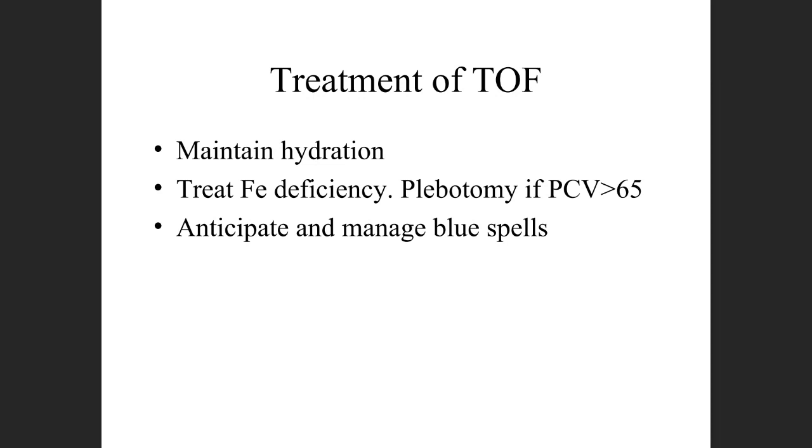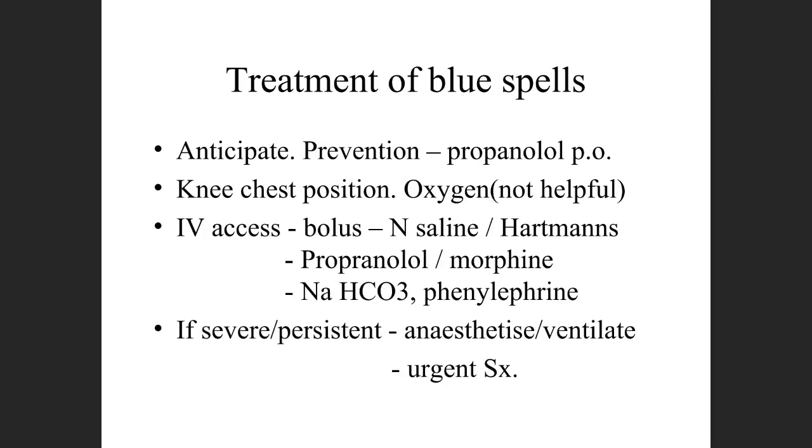And the management of tetralogy also involves the anticipation and management of blue spells. So once we diagnose tetralogy of Fallot, we make the patient's parents or guardians aware that there may be a blue spell, and we describe it and say that if this occurs, then what you need to do is to hold the patient over the shoulder and put the patient in the knee-chest position.